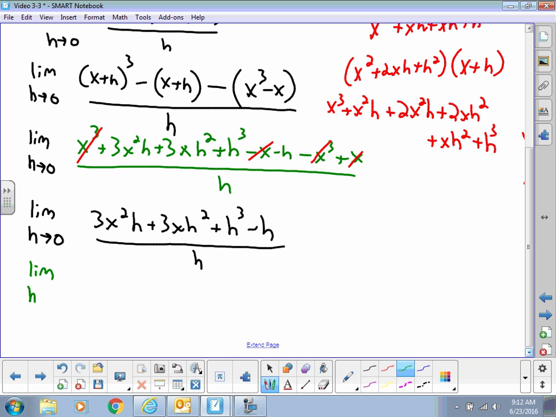We'll have limit as h approaches 0. We'll be left with 3x squared because that h divides out. We'll have plus 3xh because one of the h's divides out, plus h squared. And then this last part is where people make an error. They just won't write anything, but really you're doing negative h divided by h, so that's really negative 1.